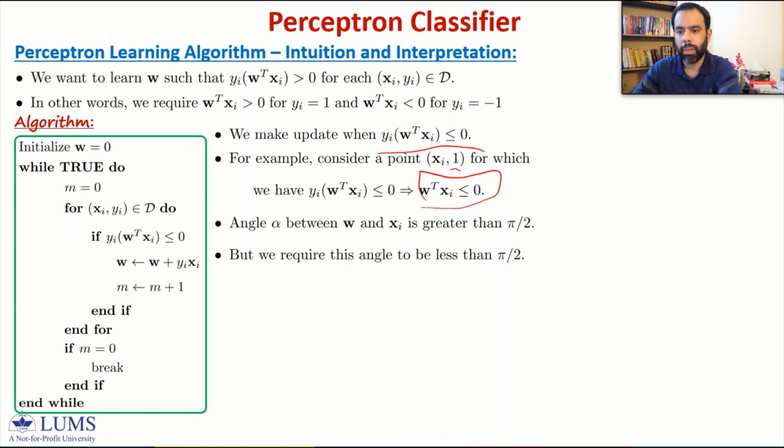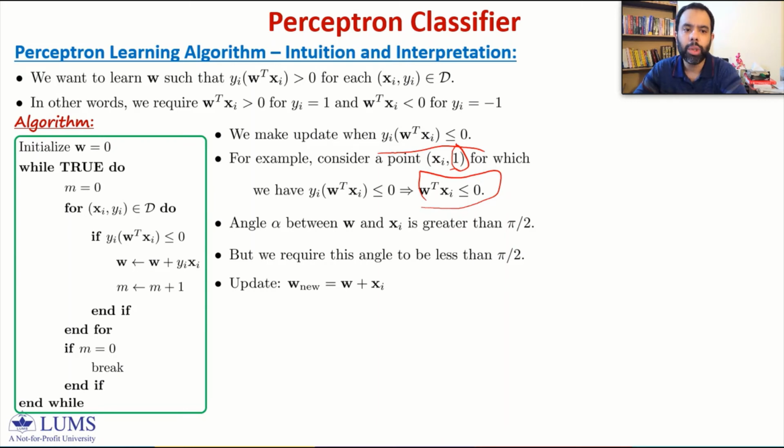And if we follow the algorithm, we will update. We'll update by simply adding the point to the previous weight vector. So W new would be W plus xi. Why do we add? Because the label associated with xi is 1, positive.